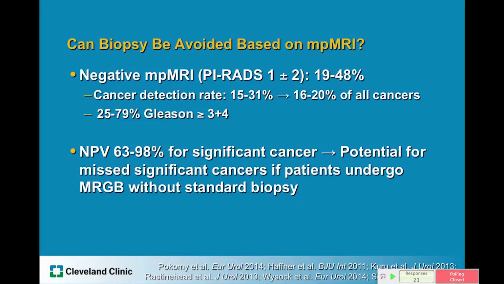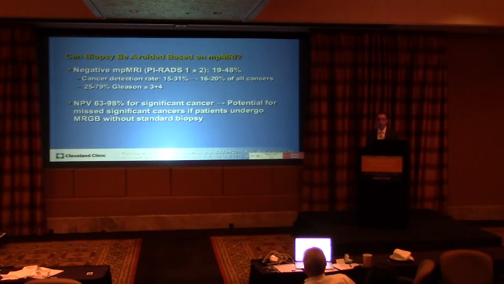However, the cancer detection rate remained significantly high at 15 to 31%, and of those, 25 to 79% had Gleason 3 plus 4. So they estimated that the negative predictive value of an MRI is only anywhere from 63 to 98%, depending on the study you looked at. So there's the potential for missed clinically significant prostate cancers if patients undergo MR-guided biopsy without standard biopsy.